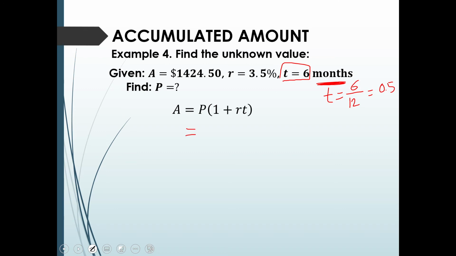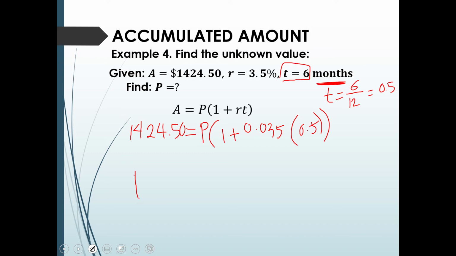So A is given, 1424.550. P is unknown. The rate is 3.5 by 100, so 0.035. T is 0.5.